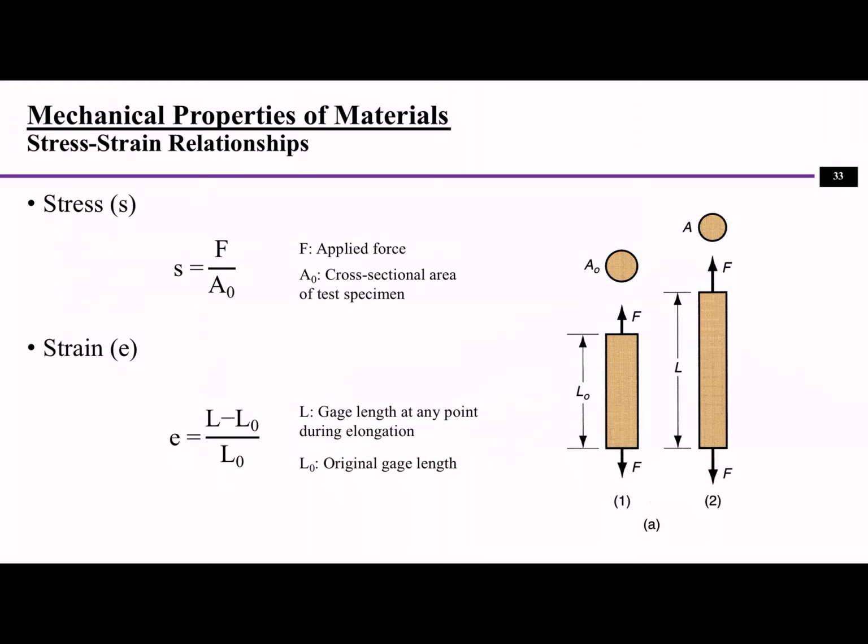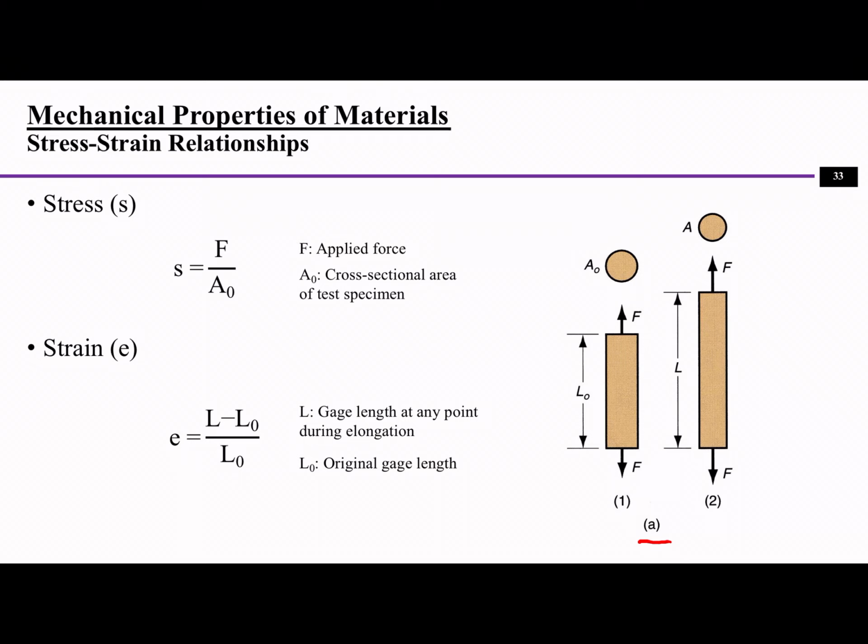Next, let's look at how we calculate the stress and strain. For calculating stress, we use the applied force divided by the cross-sectional area. For example, in the example, we can see the applied force is F, and the cross-sectional area is A. So we just use F divided by A0, so that we get stress.